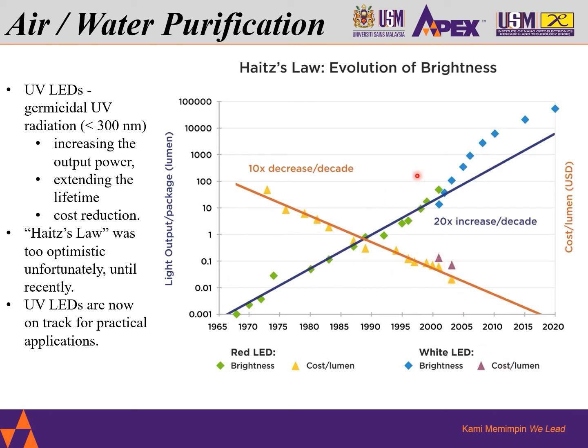So this is actually Haitz's law, the straight line. So there is a difference here. Now it is nearly similar to the predicted Haitz's law trend that we have now.